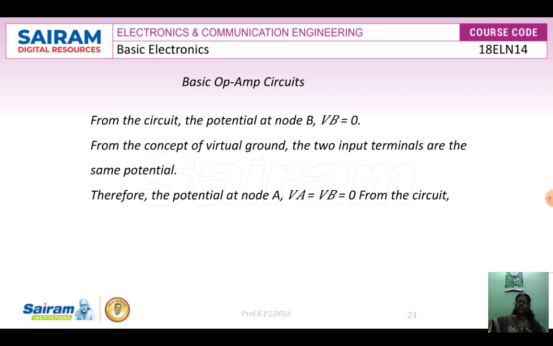That is, input current I1 is equal to feedback current IF. Now, from the circuit, I1 is equal to Vin minus VA divided by R1.